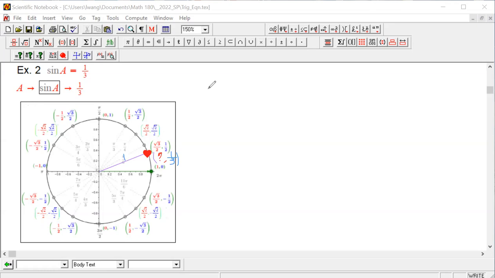And of course, we also have another terminal on the other side, which is going to have a negative red. So we have these two, this blue is a third, and that blue is a third. And the reds are opposites, but we don't need the red. So on the other side, there's another point.